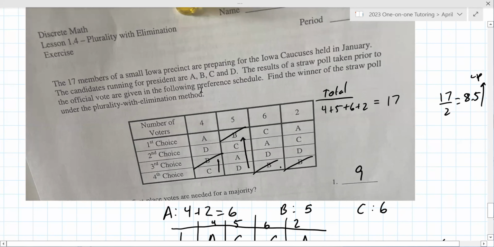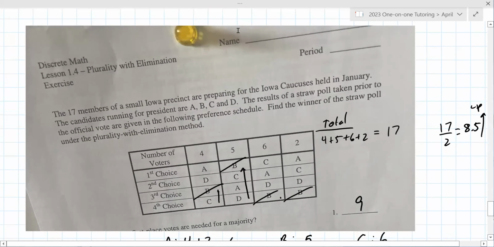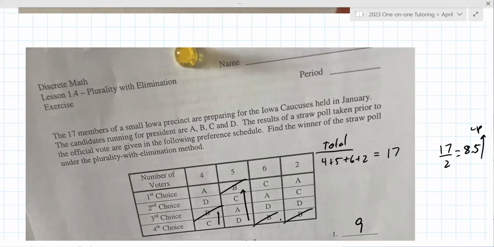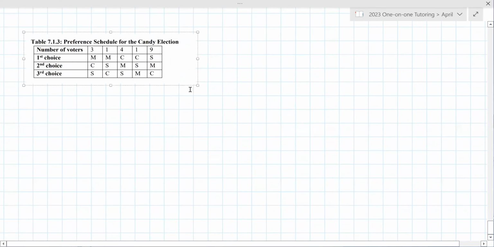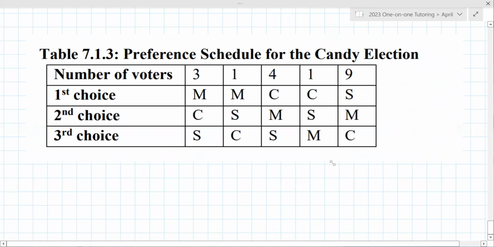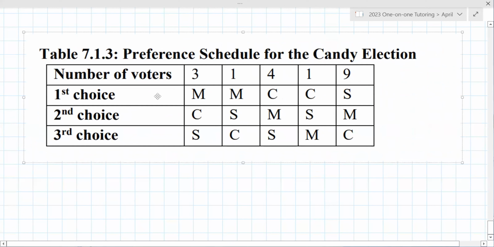Do you want me to give you another example of that? Yes, please. Okay. All right. So we first look at first place votes. So there's M, C, and S. I want you to calculate the votes that M gets, C gets, and S gets, please.